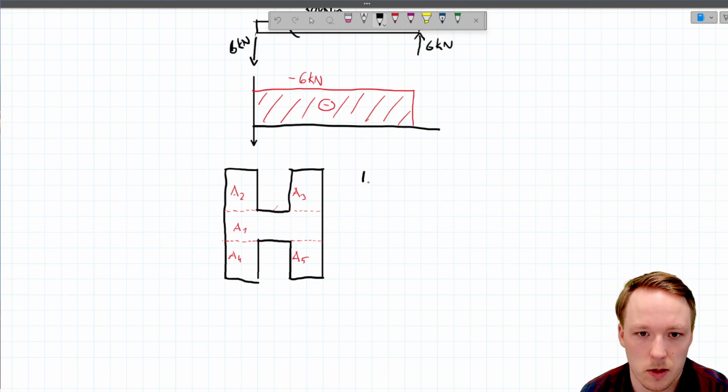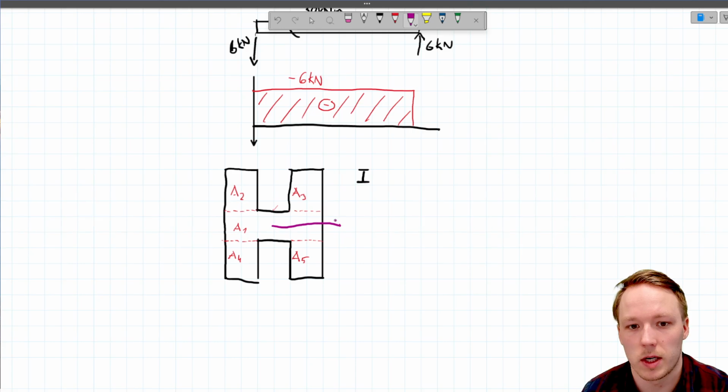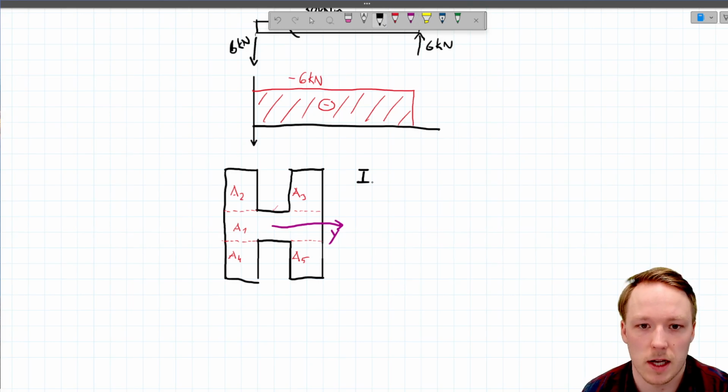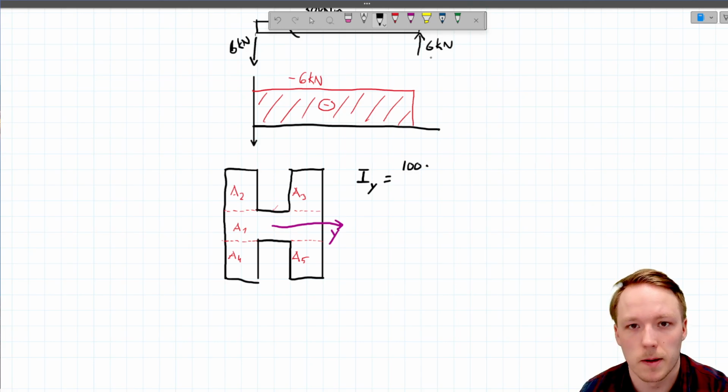In this case, because the profile is symmetric in both directions, we know that the neutral axis of this profile is at the middle, so we don't have to solve it like we quite often have to do. We can straight away proceed to calculating the IY. So first let's do the center section. That is 100 millimeters wide. So this distance here is 100.